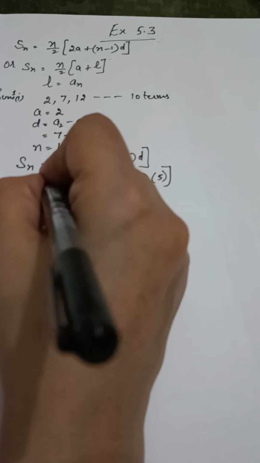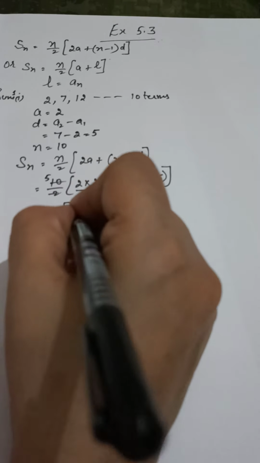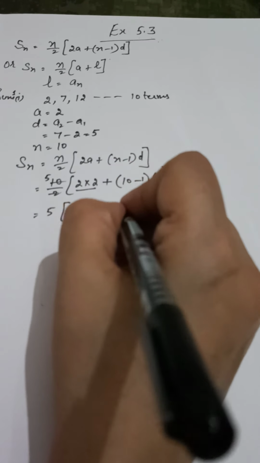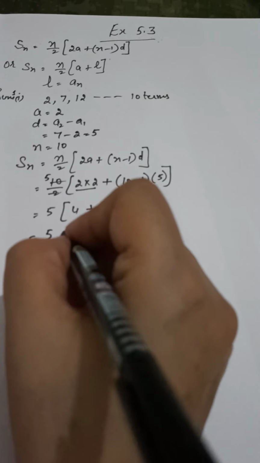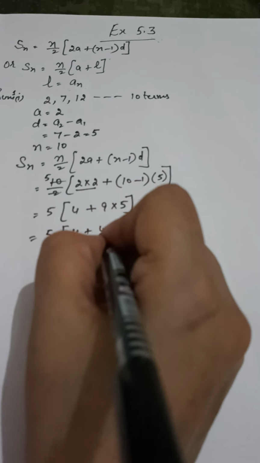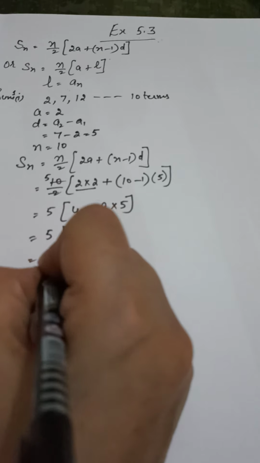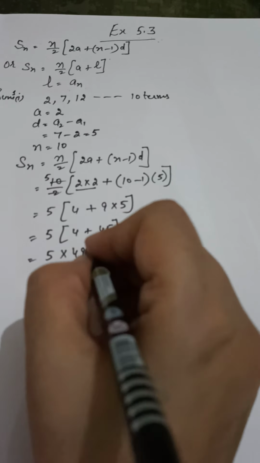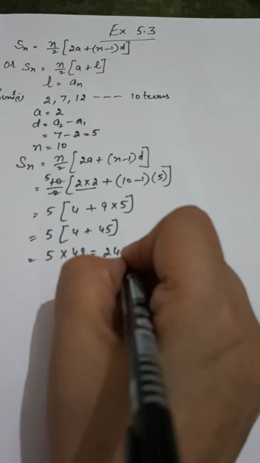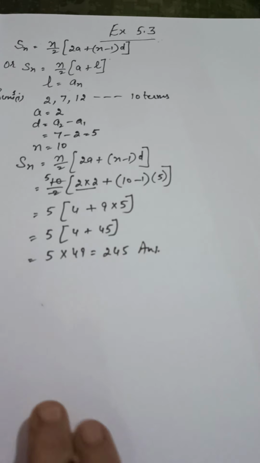That means now we will do the cutting. 5 (4 plus 9 into 5). We get 5 (4 plus 45), that is equal to 5 into 49, and that is equal to 245. It is your answer.